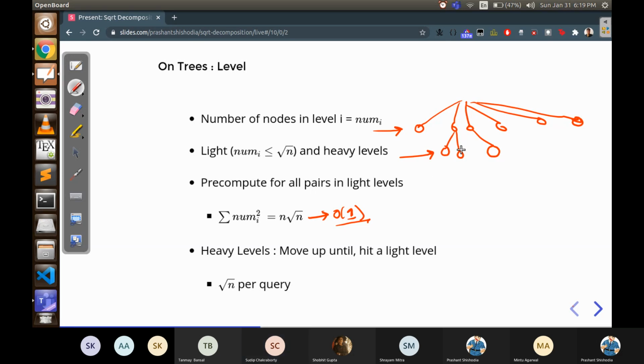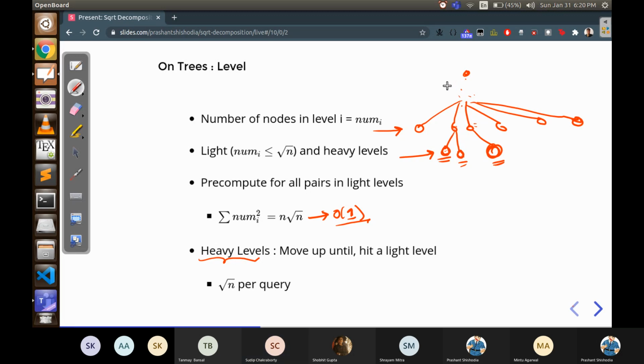What I'll precisely do is pre-compute it like I am doing a query on heavy levels. I'll store their product, and I'll move up and up, until I find a light level.